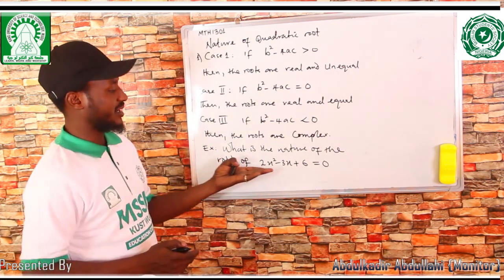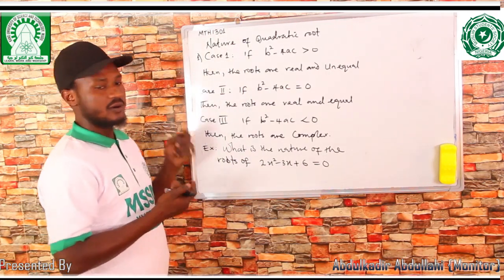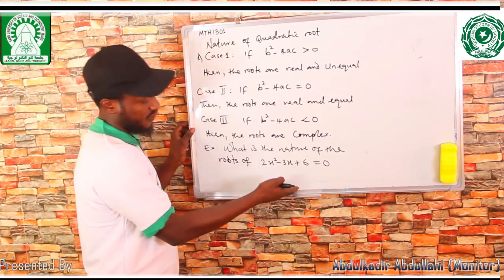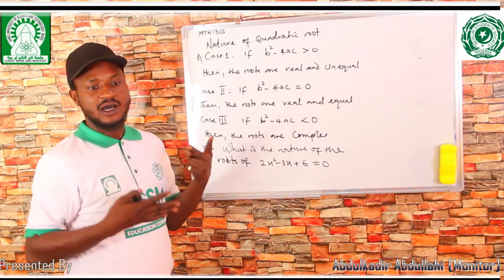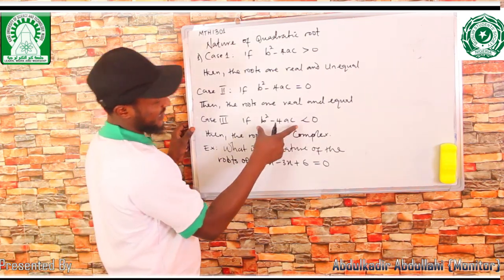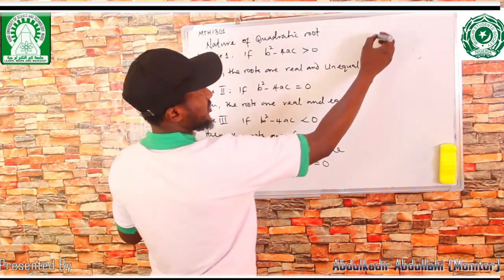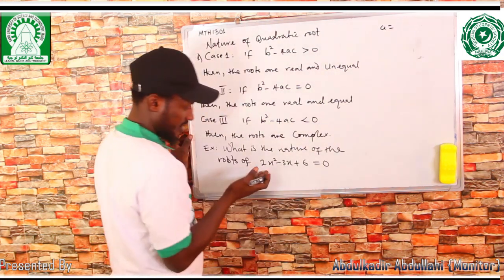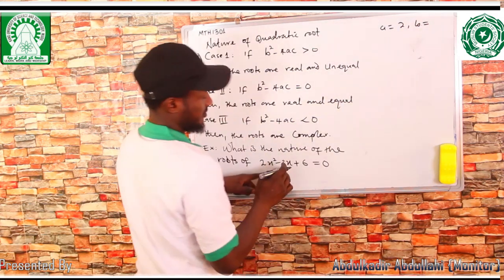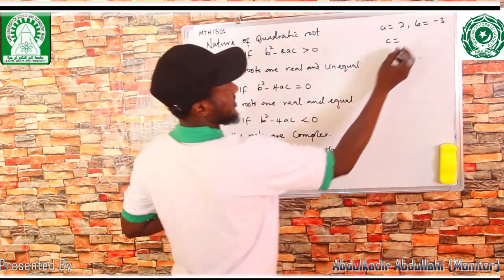Assuming we are to find the nature of the roots of this quadratic equation, we are not going to stress ourselves to solve the equation to see whether the roots are equal or unequal. Just check by using this discriminant. The first thing is to find your a from the equation. My a is 2, b is minus 3, and c is 6.